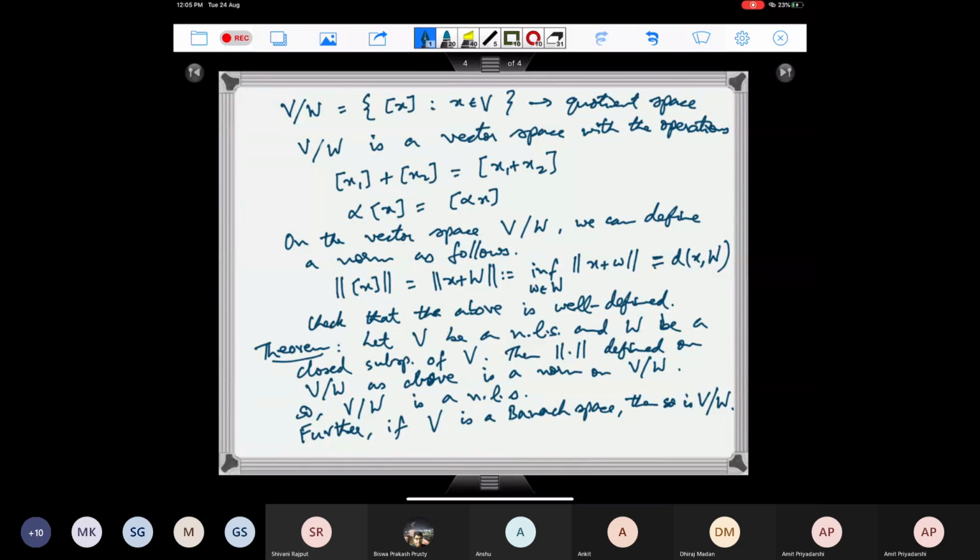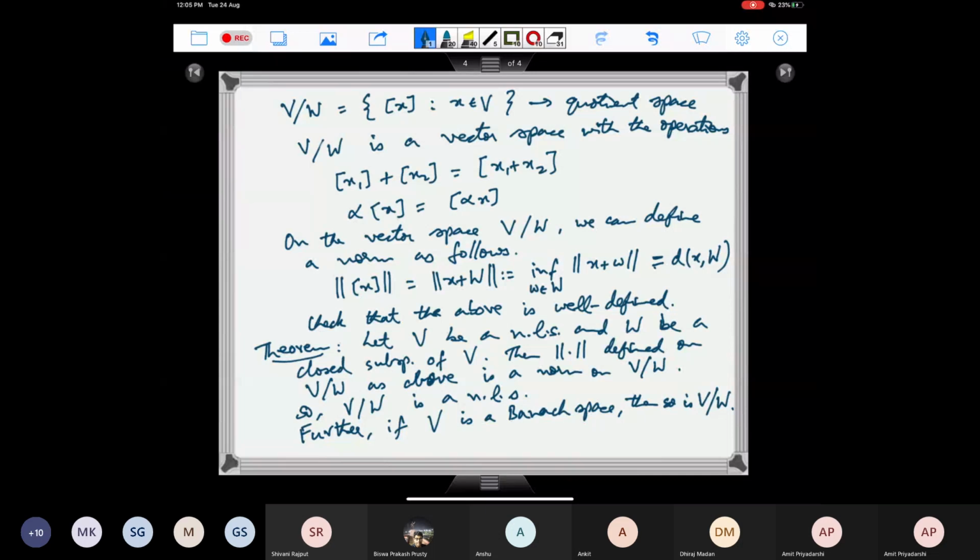So suppose I have a normed linear space which is not complete, then there is something called the completion of that.